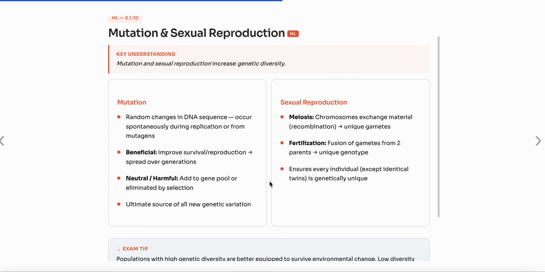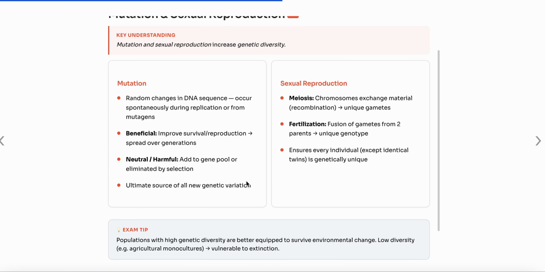Now this is HL content, which goes a little bit deeper into how mutation and sexual reproduction increase genetic diversity. In mutation, we have seen that there is a random change in the sequence, which can happen naturally or spontaneously, or because of a mutagen.